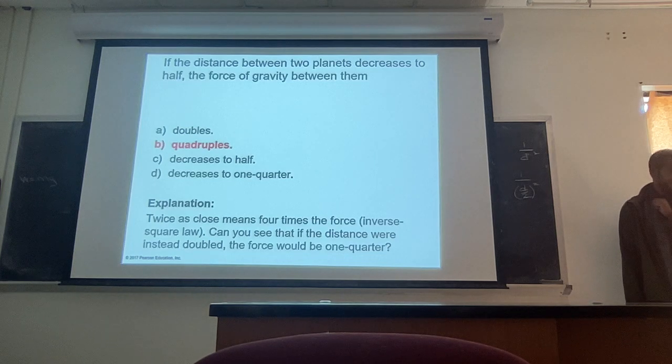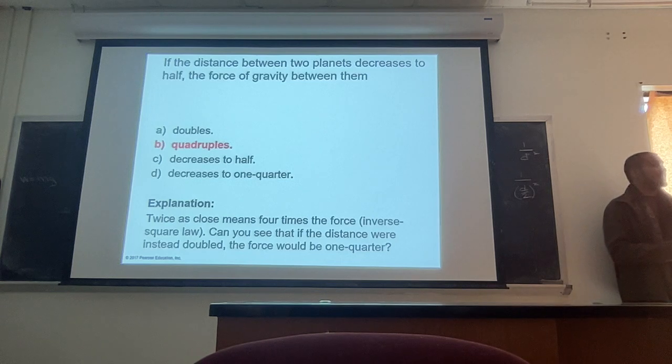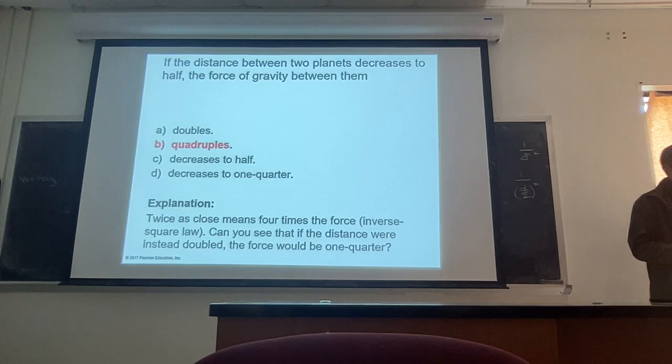If D is not 2, then what is it? D is the distance. D is a variable. Like the last one, we plugged in 2 because it's half.